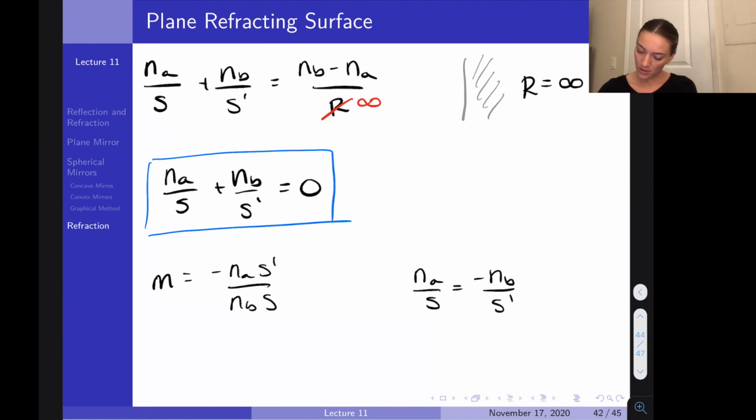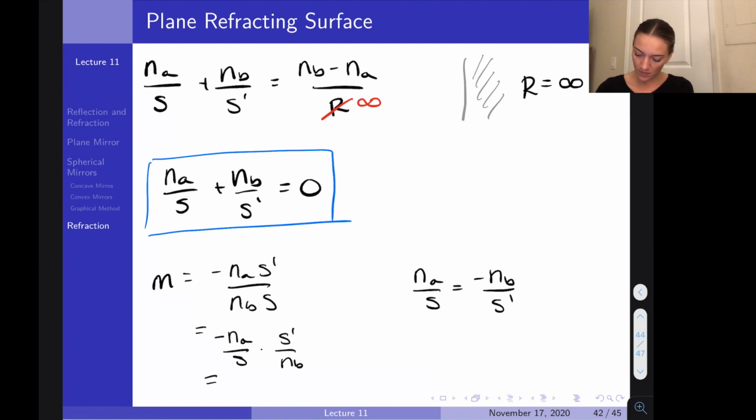I got this from right here. Now let me rewrite my magnification a little bit. I'm just going to rewrite it as NA over S times S prime over NB. I just rearranged these terms so that it looks like this. And now I can replace NA over S with negative NB over S prime.